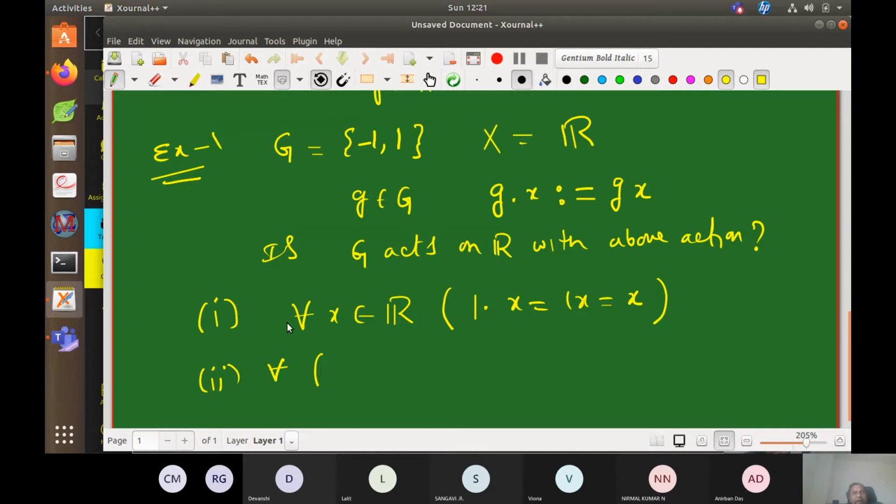Next, for g, h belongs to G and x belongs to R, you may get a bit bored, but this is my duty. In the beginning we need to be clear about things.